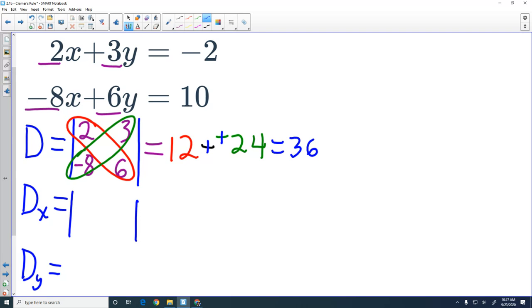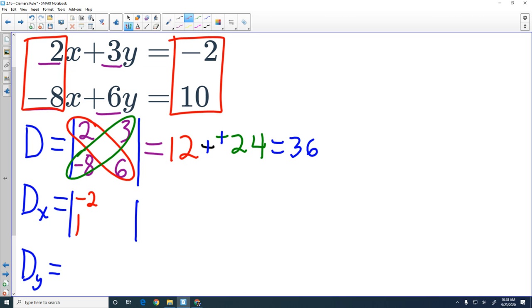dx. Now, this second determinant, the x determinant, it's going to look just like the coefficient one with one difference. I'm going to replace the x coefficients, so I'm going to replace the 2 and the -8 with the constants of a -2 and a +10. So x always goes first, so I'm going to put these constants first.